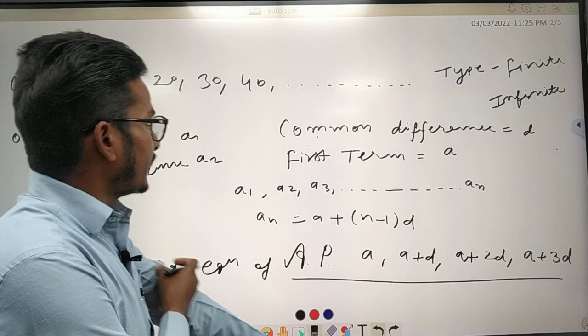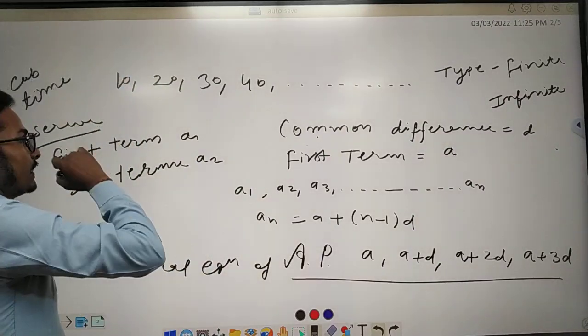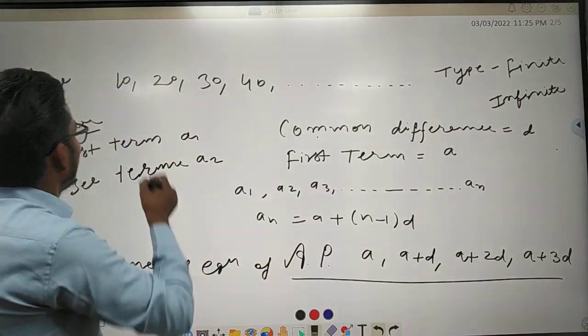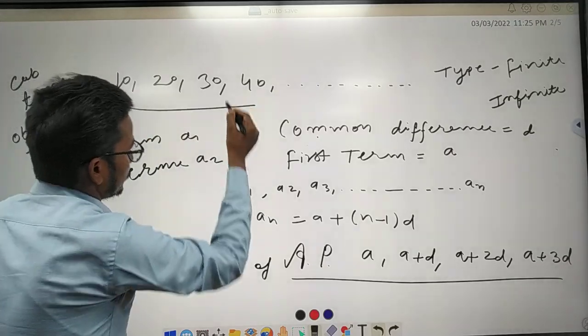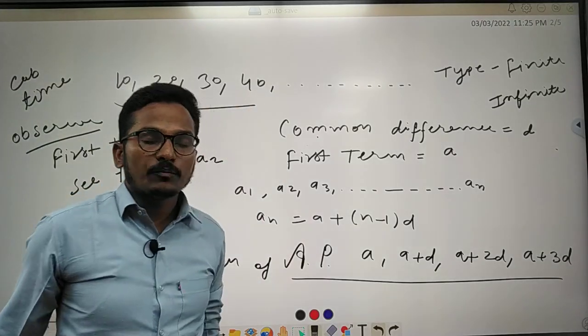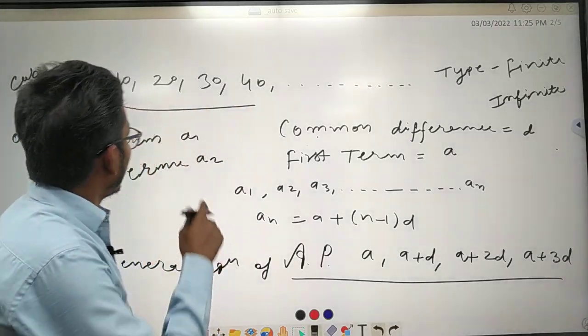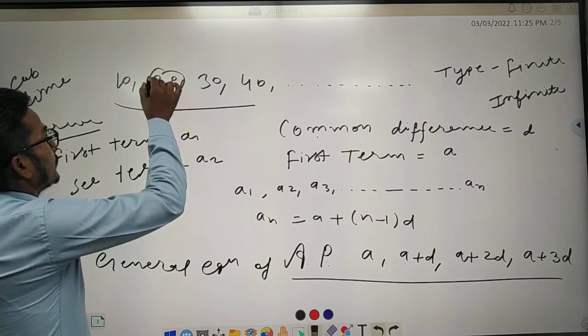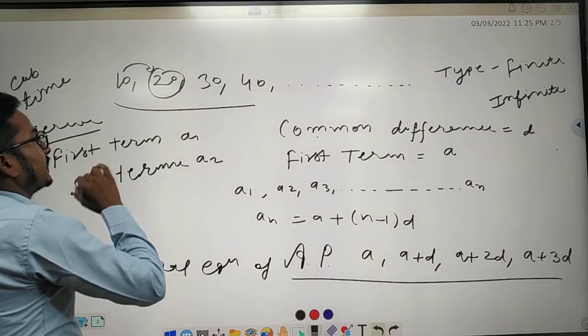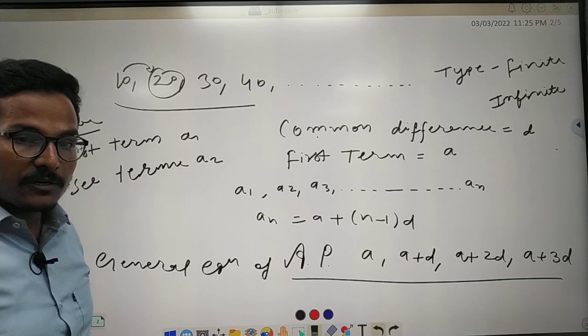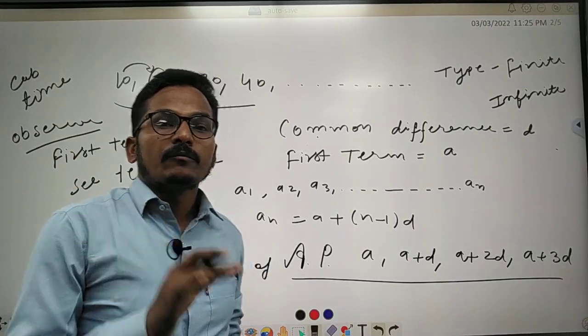Arithmetic progression is a list of numbers. Write down: an arithmetic progression is a list of numbers in which the next number is obtained by adding a fixed number to the preceding number, except for the first term.